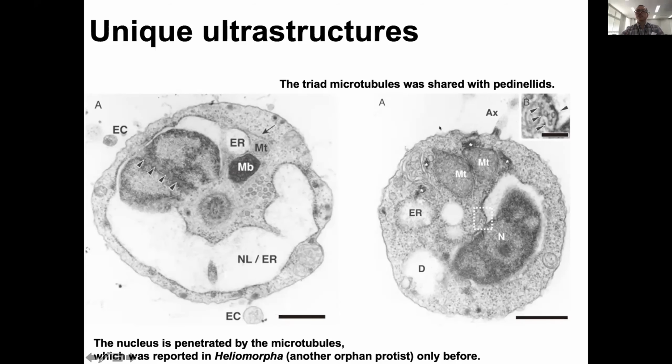This arrangement was shared with Pedinellids. Pedinellids is a subgroup of ochrophytes, such as the famous Pedinellids Ciliophrys and Pteridomonas. So they are ochrophytes, phylogenetically distinct from MH.